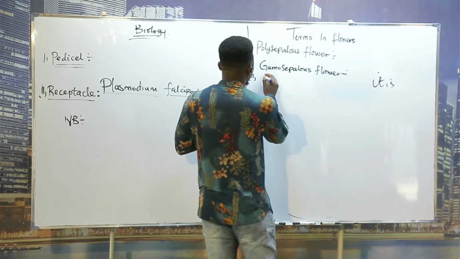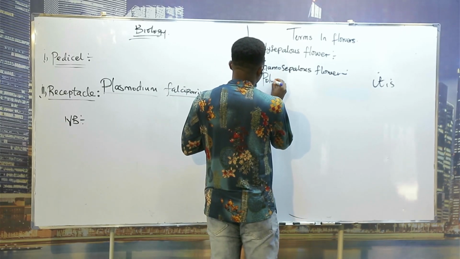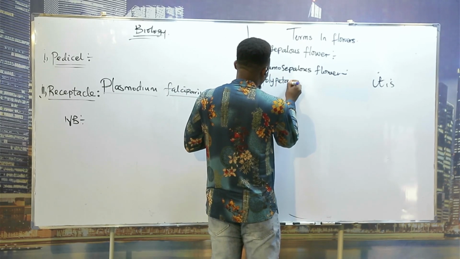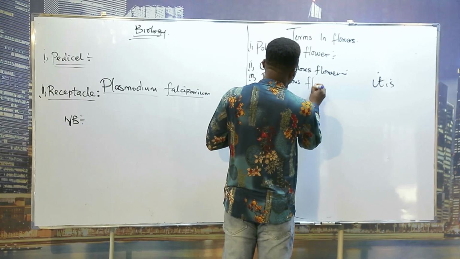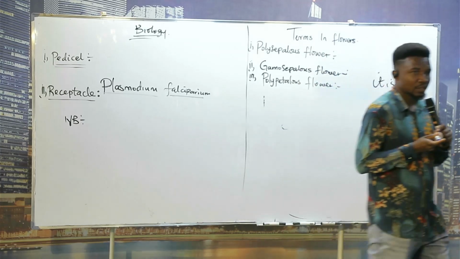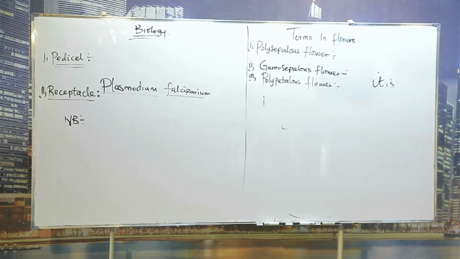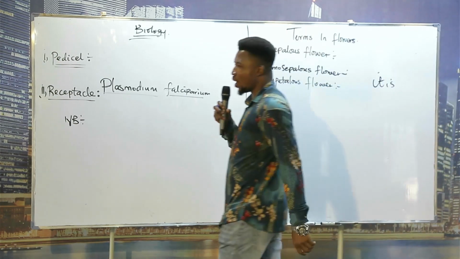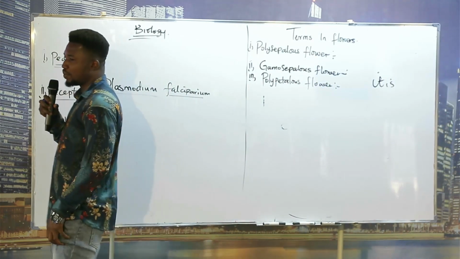So we have, let's go down to petalous. Polypetalous flower. What is a polypetalous flower? Just like what I've explained in polycephalous, it is a flower that has separate petals.